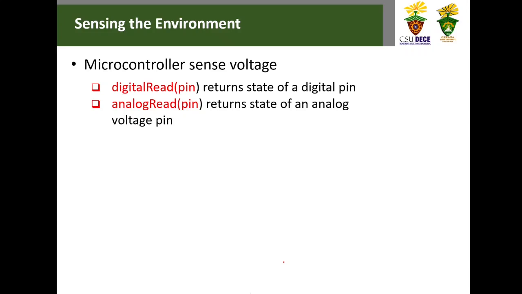So binary iyang pagkabasa, then at certain level kung naa siya ani nga voltage, gagamit tag ADC, analog to digital, ma-determine niya from that ang brightness. For example, kung gagamit tag photo sensor, ma-determine niya ang brightness sa usa ka suga or anything, then our environment.